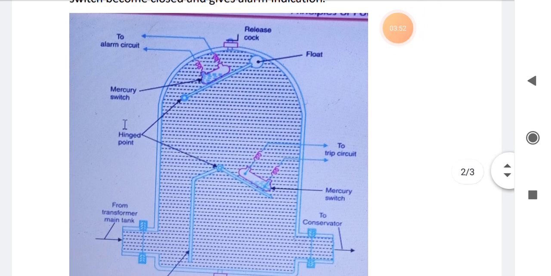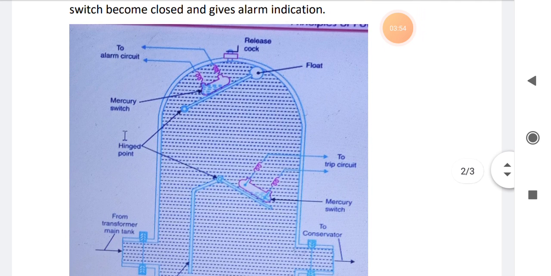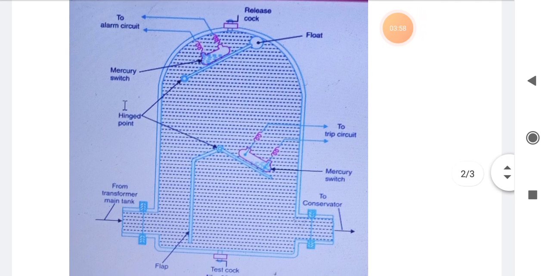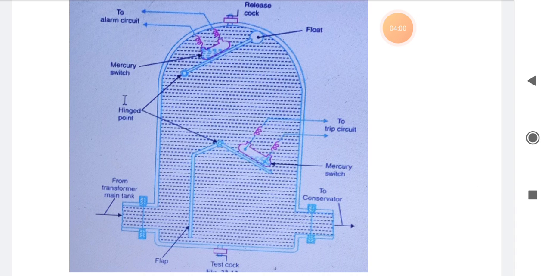So now we will look at the circuit diagram for this relay. As you can see on your screen, it is a Buchholz relay. Its parts are, as you can see, a release cock just at the top of the relay, and a float. There are two hinge points which are fixed, of course. There is a mercury switch which is connected to the alarm circuit.